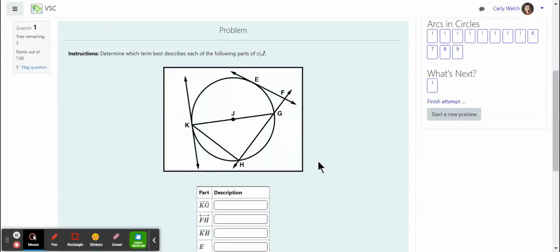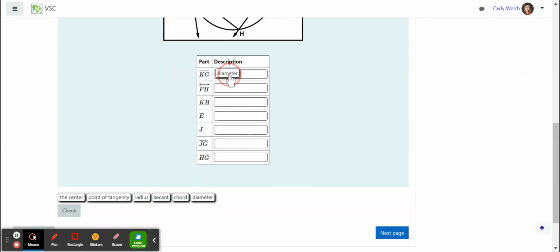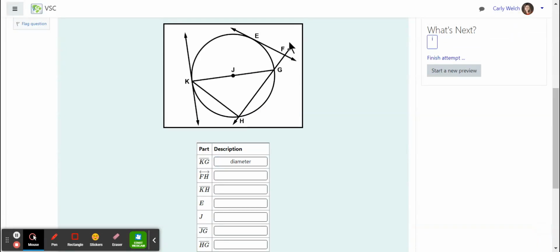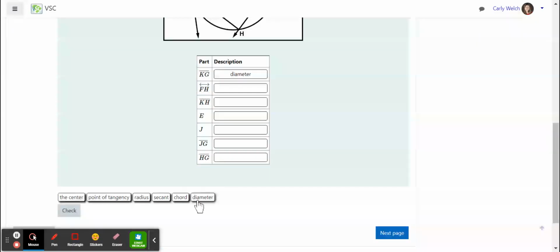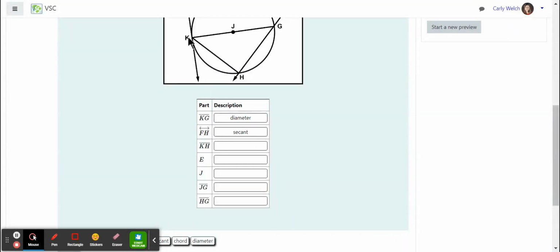All right, so we're going to get to naming a couple of pieces of this circle. KG is your diameter. FH goes through the circle twice. That is a secant. KH stops at the edges of the circle, so that is a chord.